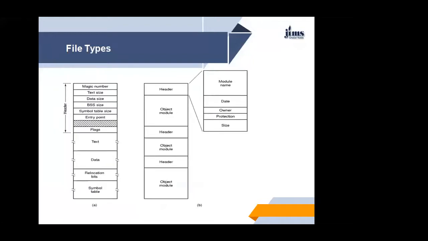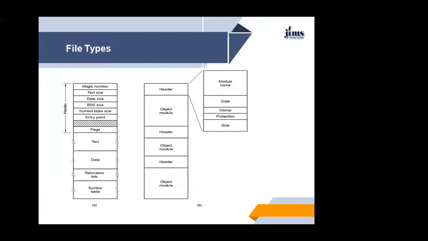You can see that the file types consider the header. There will be a header, and the header will contain different information like magic number, text size, data size, BSS size, symbol table size, entry point, flags, and so on.